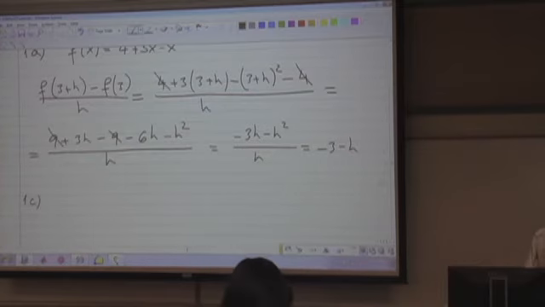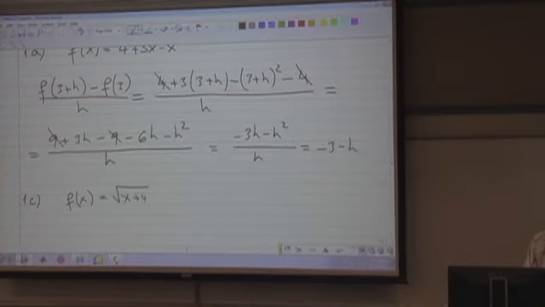1c says f of x is equal to the square root of x plus 4. So we're looking at f of x minus f of 0. No, C, not B. Oh, that's b. Oh, never mind. Sorry about that. Okay.